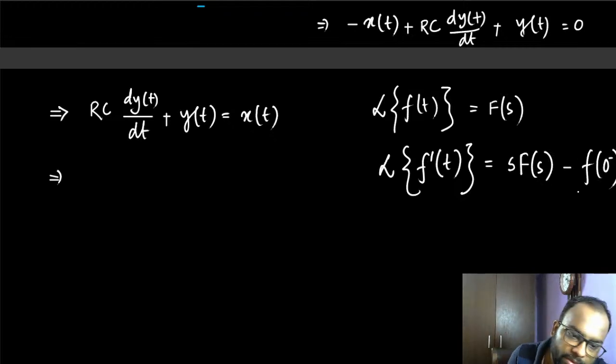So s times the Laplace transform of f(t), minus the initial condition on f(t), called the initial value of f(t). We have studied this in our mathematics classes, and we are going to derive this in the proper context in our classes.